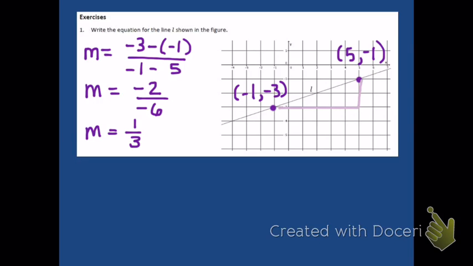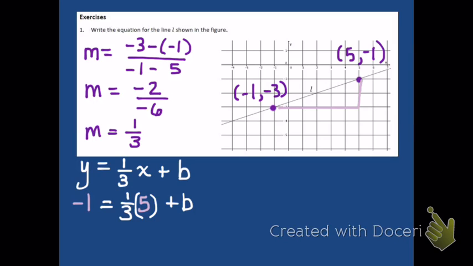Okay, so then I'm going to go ahead and use the slope intercept form. y equals 1/3 x plus b. And I'm going to put in one of my points. I chose the point 5, -1. So I'm going to put 5 in for x and -1 in for y.